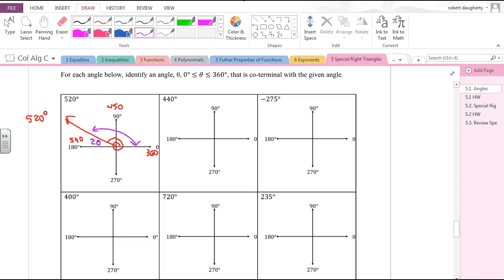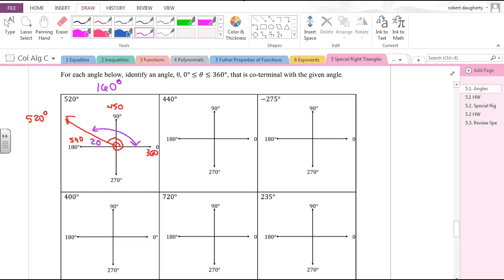So what angle starts here and is 20 degrees shy of being 180? Yeah, 160. So this is coterminal with 160. So 160 is coterminal. All that means is it has the same terminal side. So if you draw a 160 degree angle, that's this line right here. If you draw 520, that's what? 1 revolution and still back to that same line.